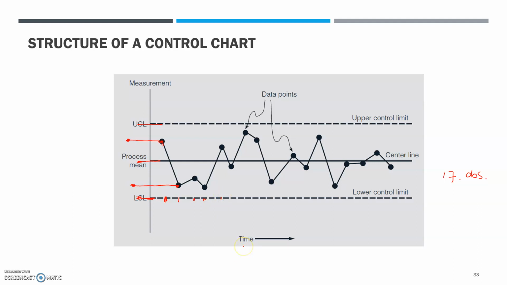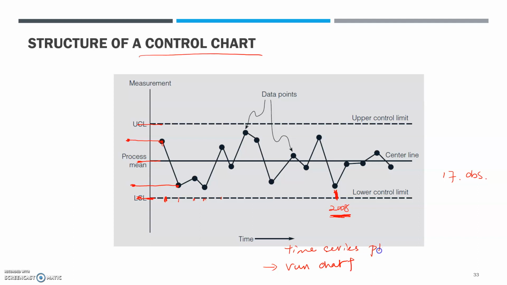For example, if you're plotting maybe GDP, and you see a certain point is especially low, the moment you know this is about 2008, you can understand this is where the recession happened. So sometimes you can apply the time information wisely to figure out what happened. That is why we are plotting this in this fashion. This is called a run chart. In our context, it is called a control chart, but it has a different name, a run chart or time series plot.